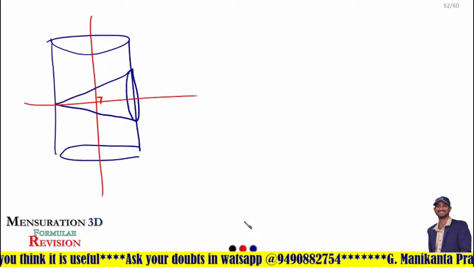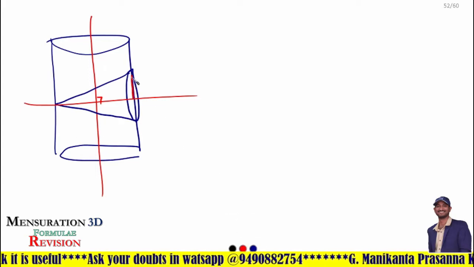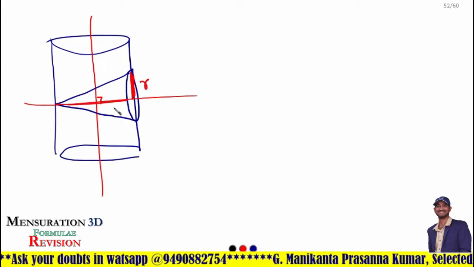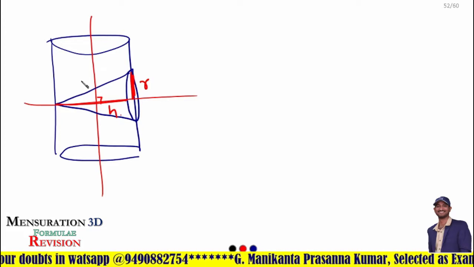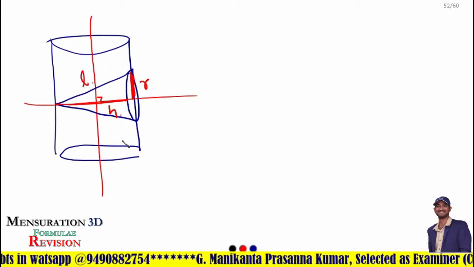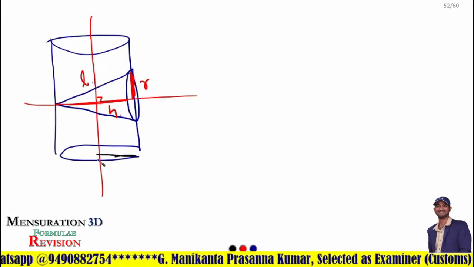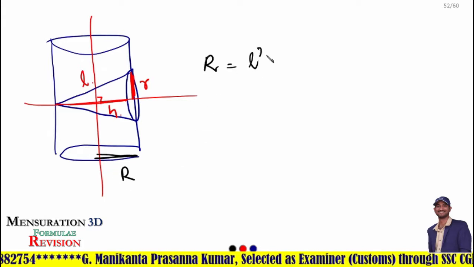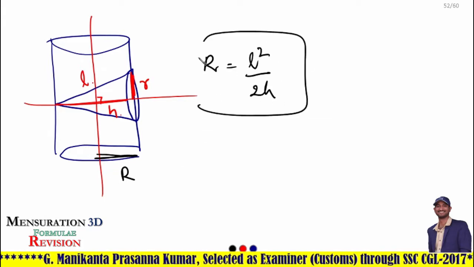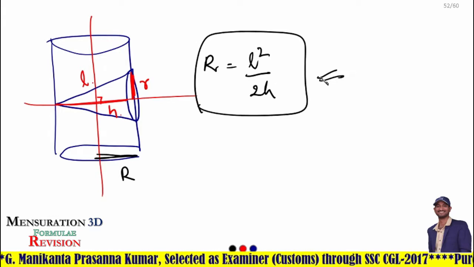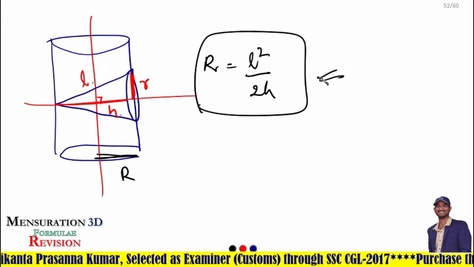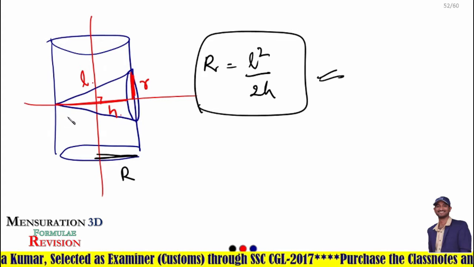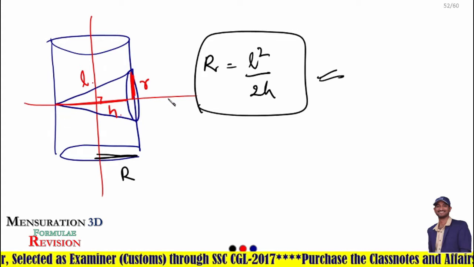So now the radius of the cone is small r, the height of the cone is small h, and the slant height is L. Now what about the radius of the cylinder? Suppose capital R is the radius of the cylinder, then R equals L square by 2h. L square by 2h, very important. But here the condition is that the axes of the cone and cylinder are perpendicular.